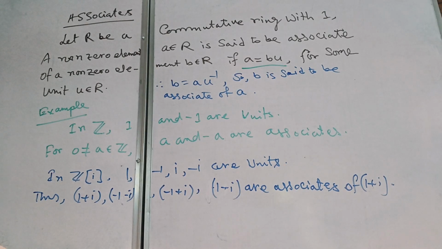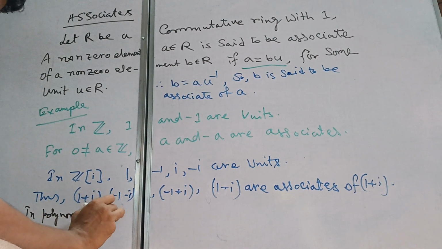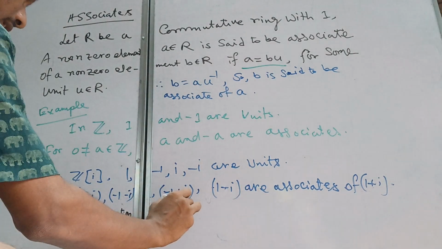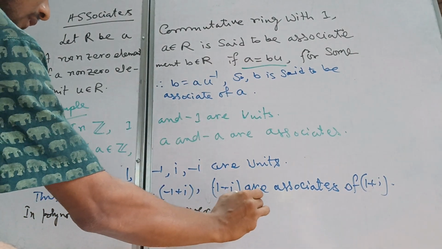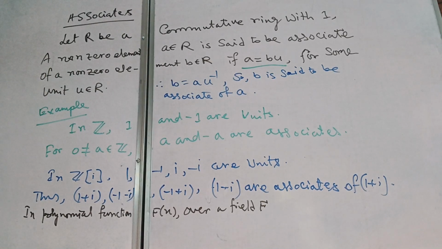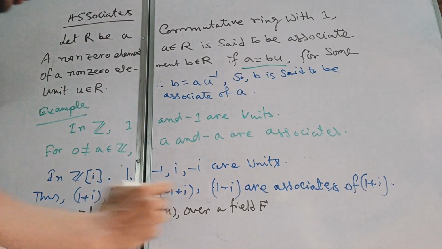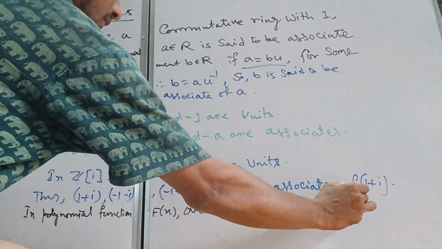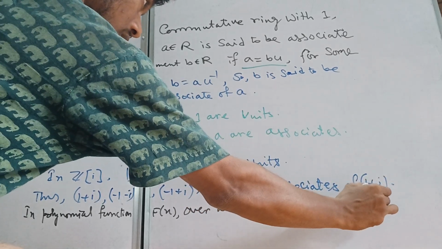In polynomial functions f(x) over a field F, the units are the elements of F different from 0, that is F minus the singleton 0.